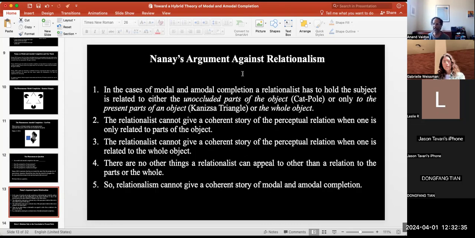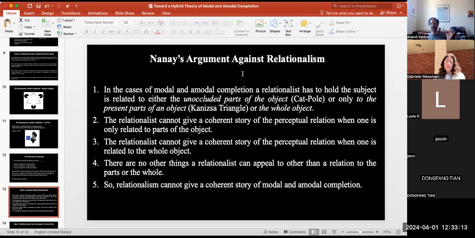Okay, so now we need to know what is the argument. Nanay gives a really nice argument, which I think is very well constructed, about how modal and amodal completion destroys the relationalist position and therefore, in some sense, supports the representationalist position. So he says, in the cases of modal and amodal completion, a relationalist has to hold the subject is related either to the unoccluded parts of the object, the cat, or only to the present parts of an object, the Kanizsa triangle, or the whole object.